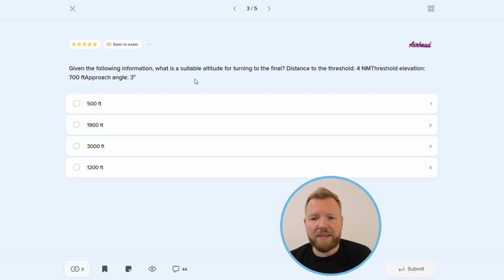Since we have to use the same units, to have distance in feet, we will multiply the distance by 6,080. Now, if we rearrange this equation, height will equal number of degrees times distance in miles times 6,080 over 60.